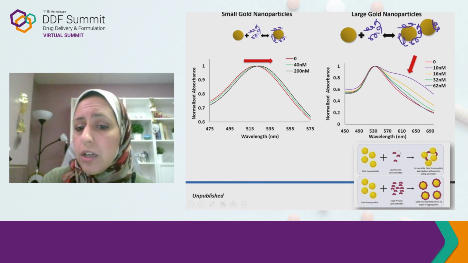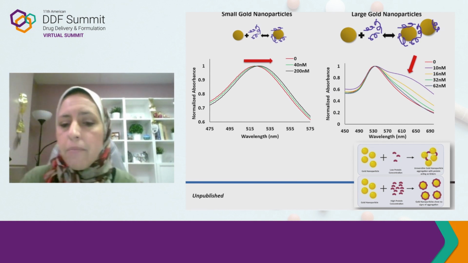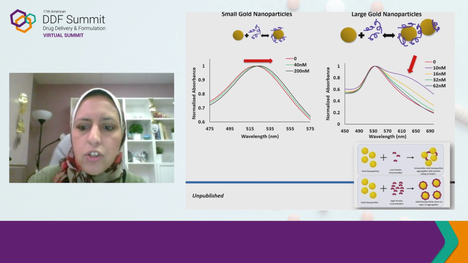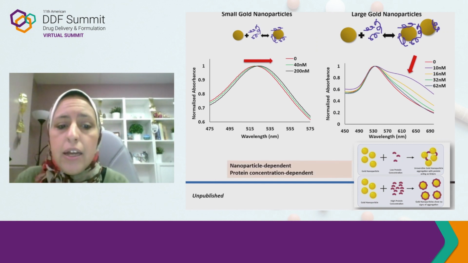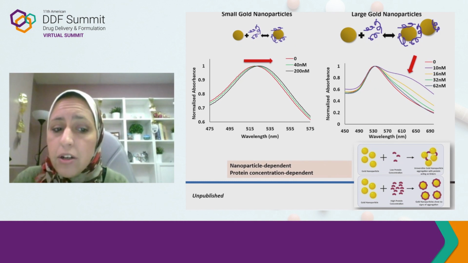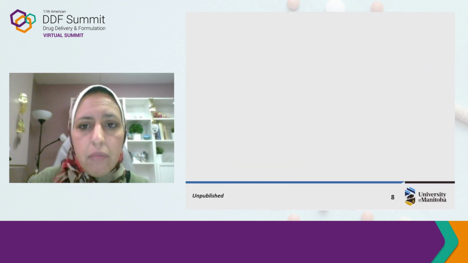But at low protein concentration, they could form some bridges between those nanoparticles that could induce some kind of aggregation, but we're still not sure whether this is the case or not. Overall, we see nanoparticle dependent behavior, and we also see protein concentration dependent behavior for these kinds of interactions.